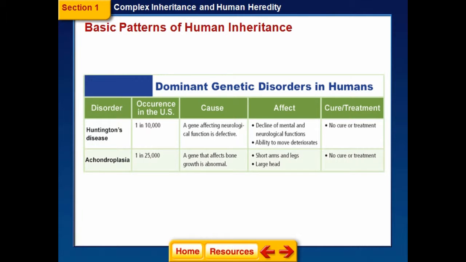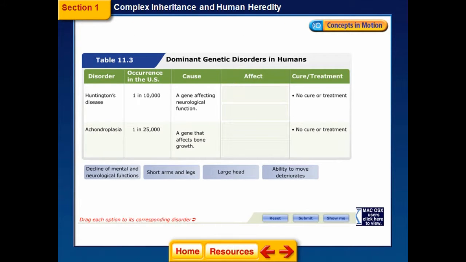This table shows you that 1 in 10,000 people have Huntington's disease in the United States, and 1 in 25,000 people have achondroplasia. This table's in the book. Also, this table as well is in the book.